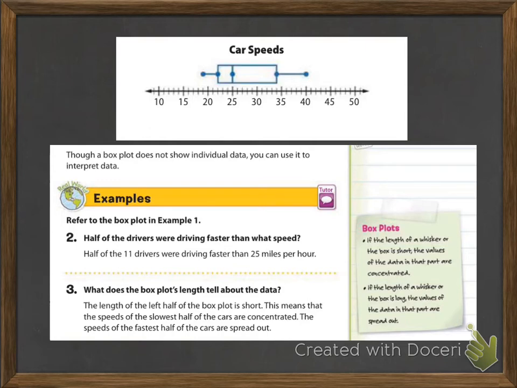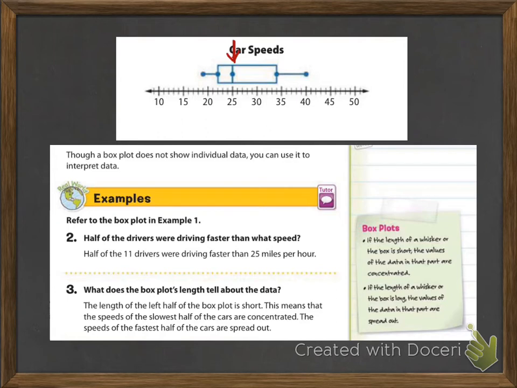I want you to notice my median, which is right here. My median is always going to be the line that's inside the box. Now, the median tells me where the middle of my data is. If you remember, when you're finding the median of a set of numbers, it's the number that's smack dab in the middle.